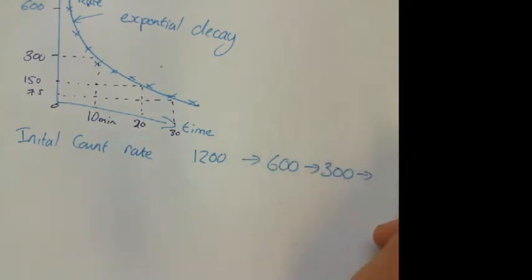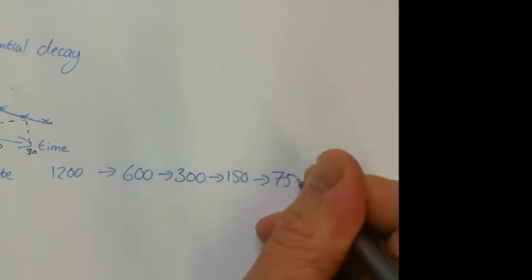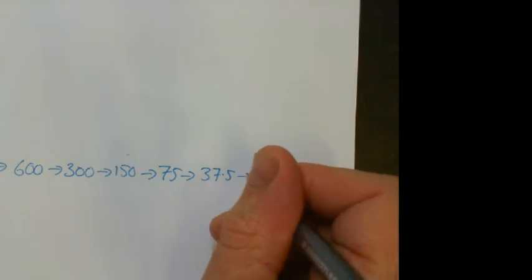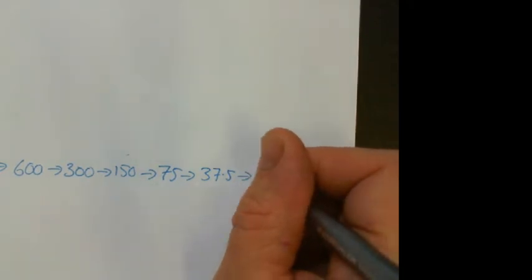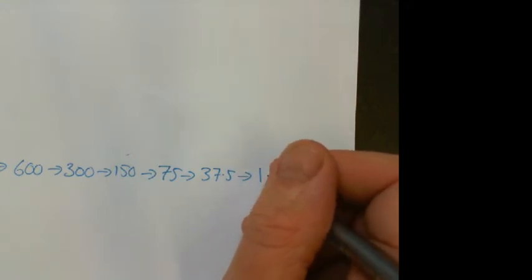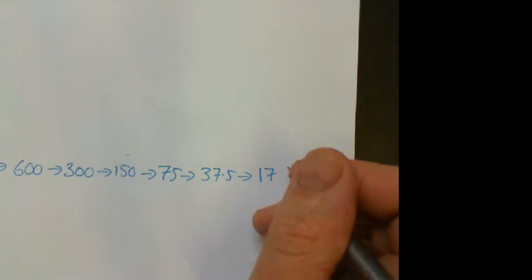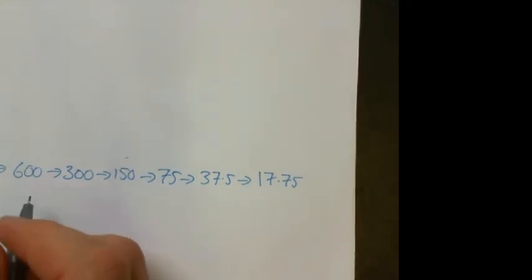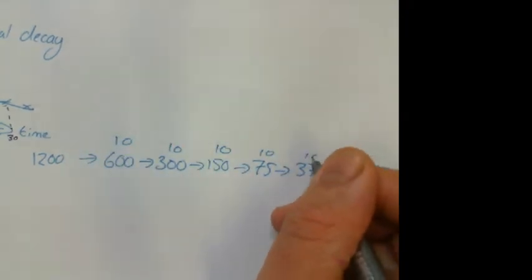And after another 10 minutes, 150. Then 75. Then 37.5. Then 17.75. And that would be 10 minutes for each step, six in total.